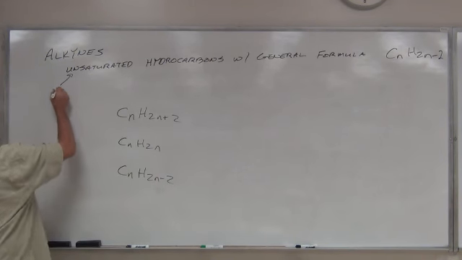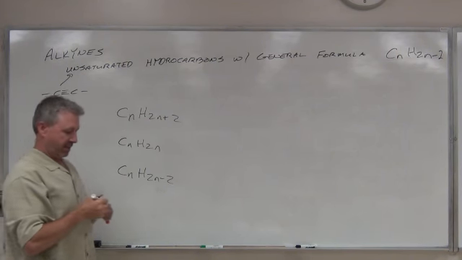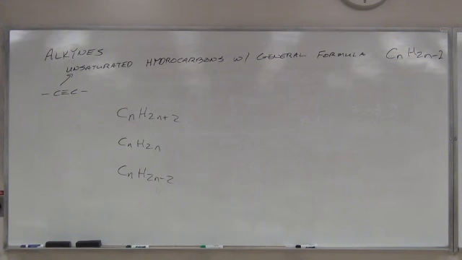In this case, the unsaturated means that it contains at least one carbon-carbon triple bond. So you could say that for every pair of hydrogens that I lose, I generate an additional bond. And you would be correct indeed.